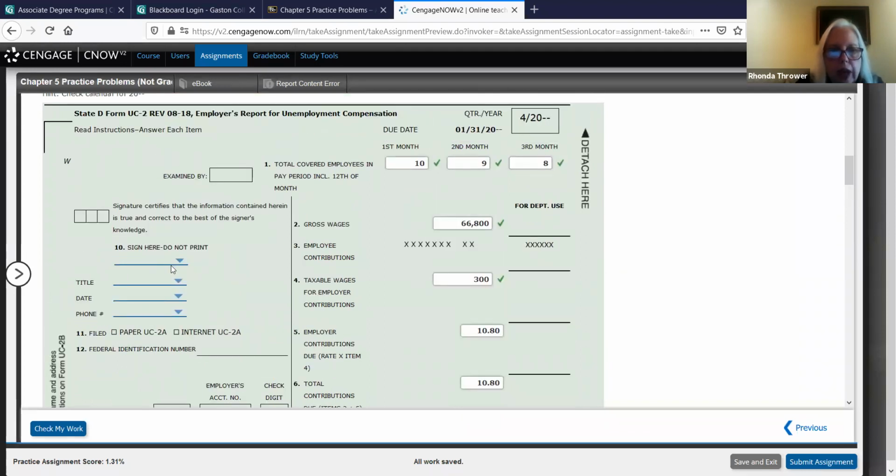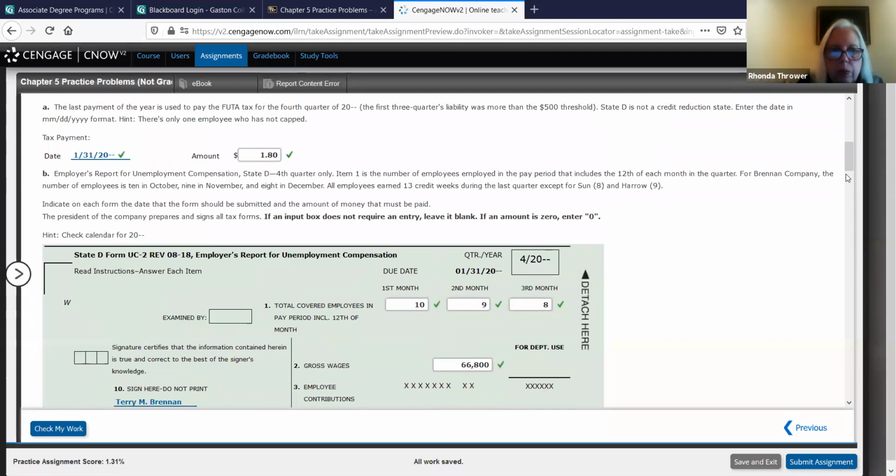Now I noticed on the side here, they've got a drop-down list. It says sign here, do not print. This is for the Brennan Company. And I'm going to put the title here, Terry Brennan. And he was the president or vice president or something like that.